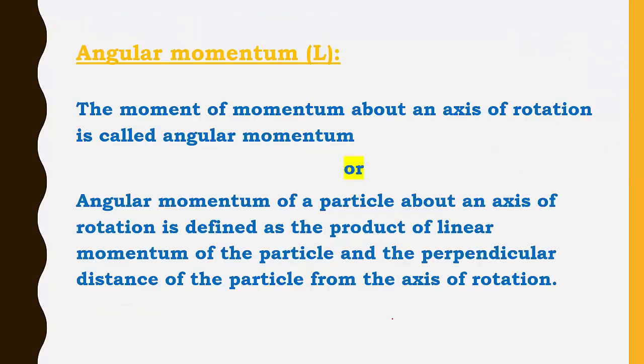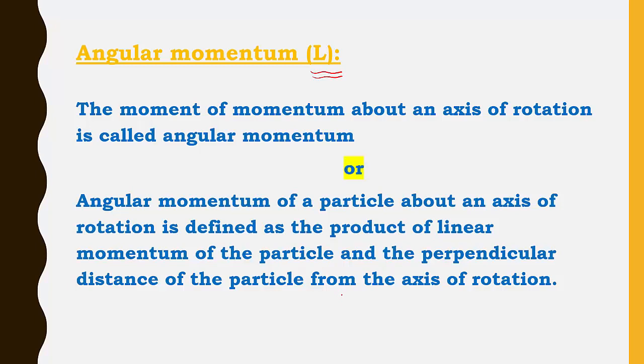So now come to the second term, angular momentum, and it is denoted by the symbol L. So capital L indicates angular momentum. You already studied about linear momentum. Linear means straight line. When an object has a translational motion, a linear motion, then we have to consider linear momentum.